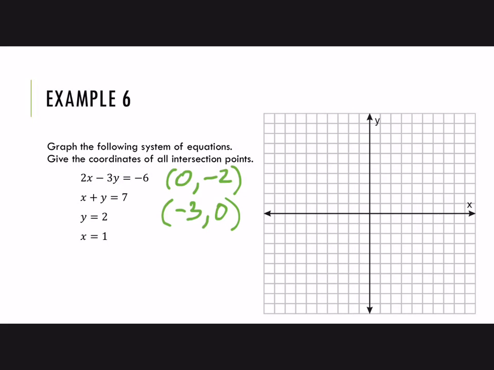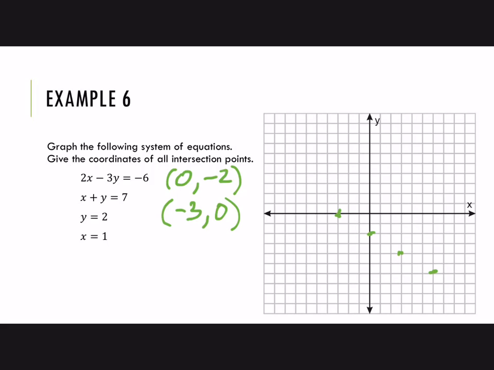Alright, so I can plot those 2 points, (0, negative 2) and (negative 3, 0). Now from the graph I can see the slope right away. From one point to the other I'd have to go over 3 and then down 2. So what you might want to do to be more accurate is just go over 3, down 2 a few more times, and just find some other points on that line.